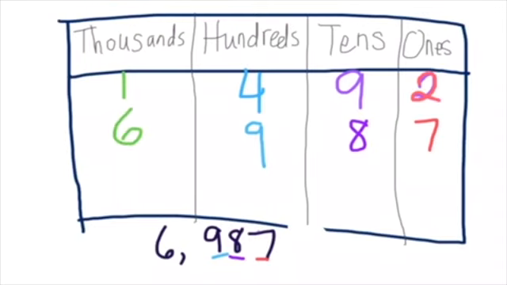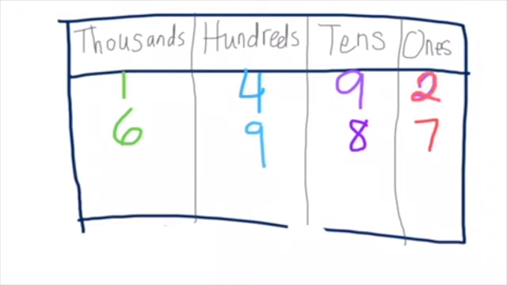The 6. So again, I'm just looking at my ones place, my tens, my hundreds, my thousands, and I'm putting them in my table, and it looks like the numbers are all in order from how I wrote it right here. The 6 is first in our table, like it is right here. It's on the left. And then our hundreds, our tens, and our ones.